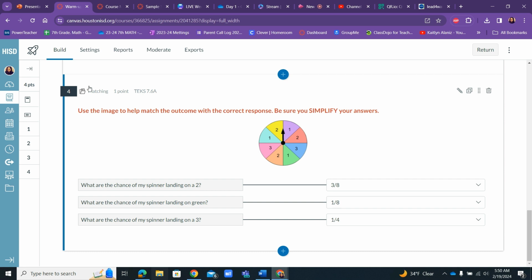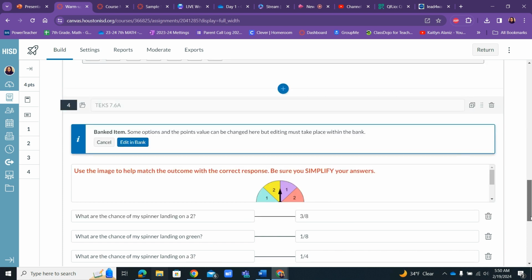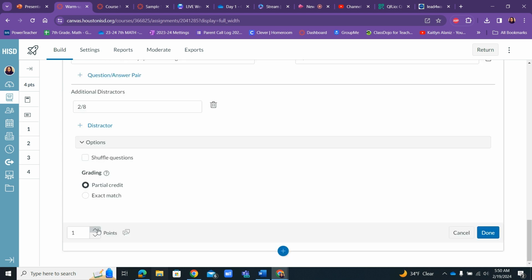Now, the points: if your points don't match up, I have 3 questions in this case and it only counts for 1, I can easily go up to 3. If it's too much, you can just type however many points you want it worth. For me, this is going to be worth 3, and then I'm done.